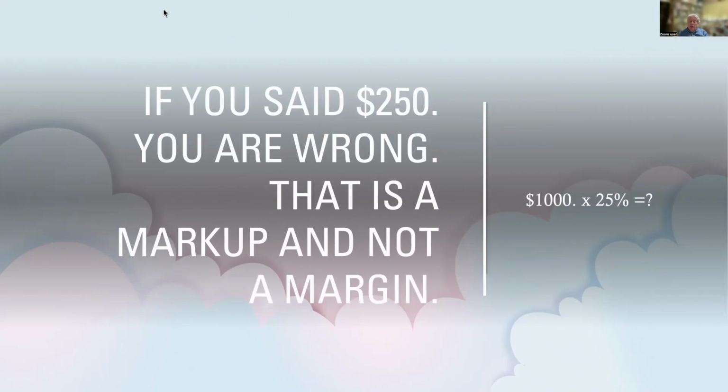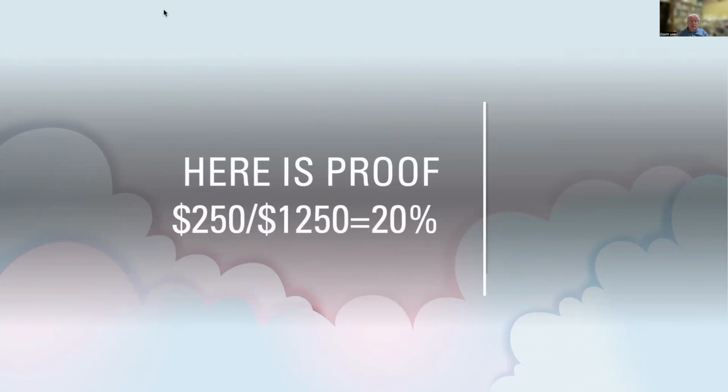That is a markup and not a margin. Let's look at the proof. $250 divided by 1,250 is 20%. That means that you're leaving 5% profit on the table every time you bid a job. So for every $1,000, you're losing money.